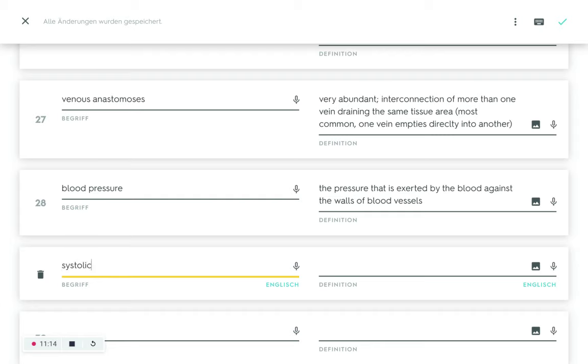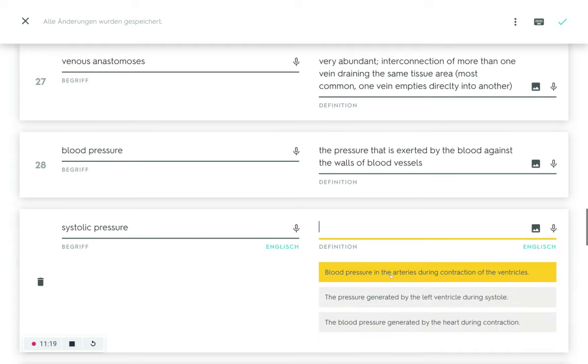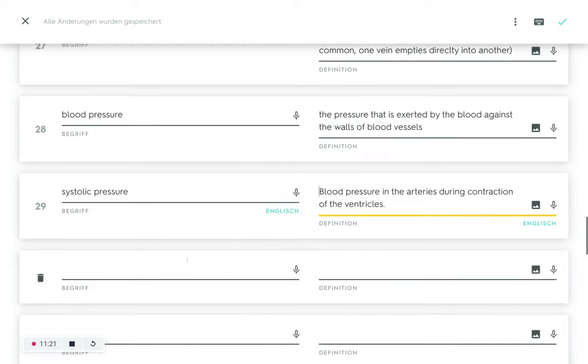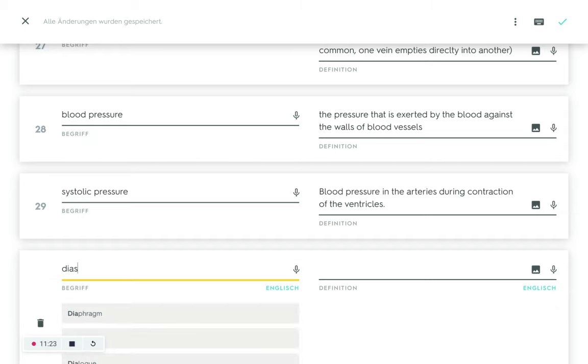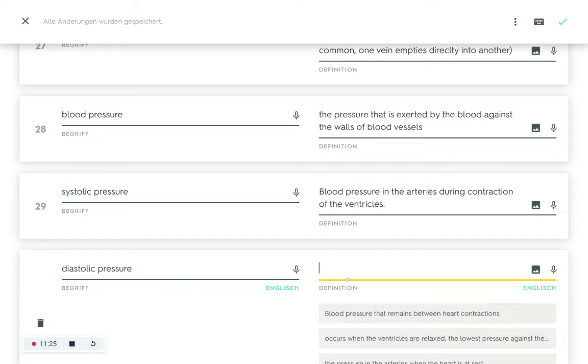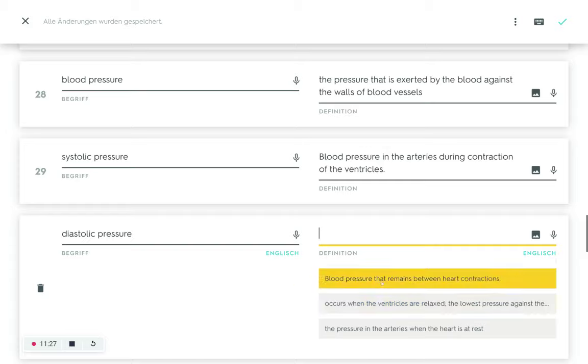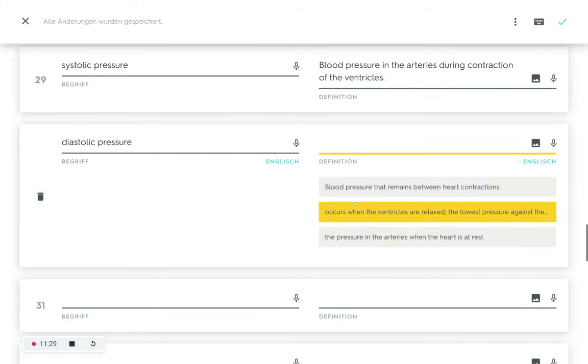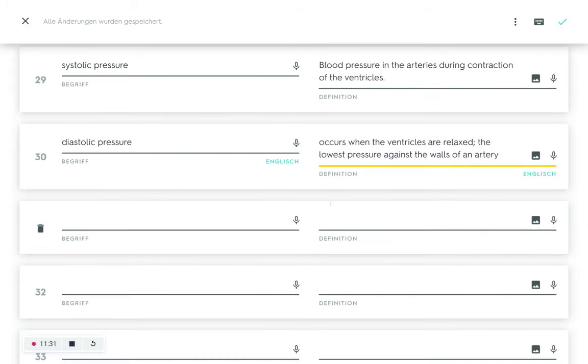We know systolic pressure: blood pressure in the arteries during contraction of the ventricles. And we know diastolic pressure. It's the blood pressure between the heart contractions. This one's very important. Occurs when the ventricles are relaxed. The lowest pressure against the walls of an artery. Yeah. So you have to know that it's the lowest.